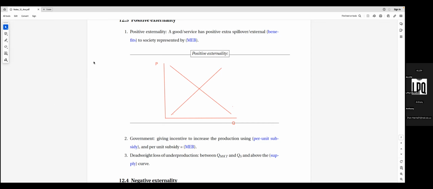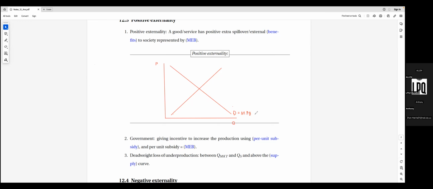Because people only consider their private self-interest, the demand curve here can only represent something called marginal private benefit. P here means private benefit. You already learned in note number 7, D equals MB, right?